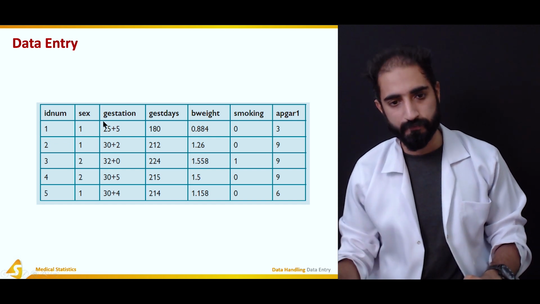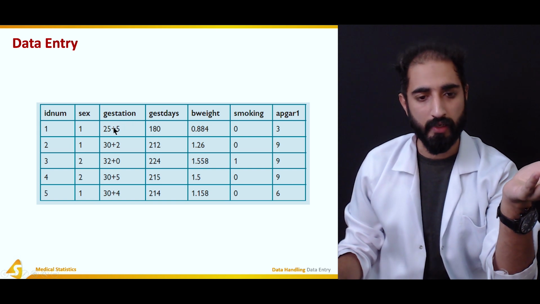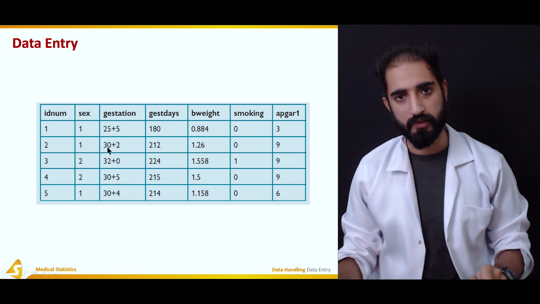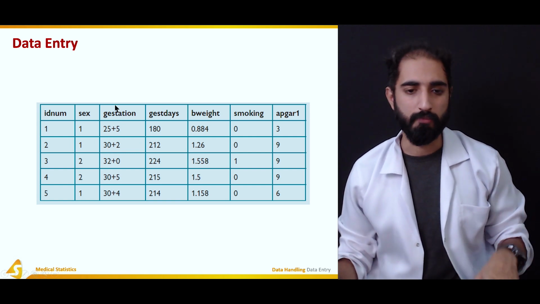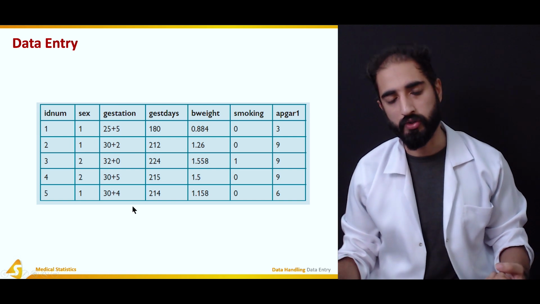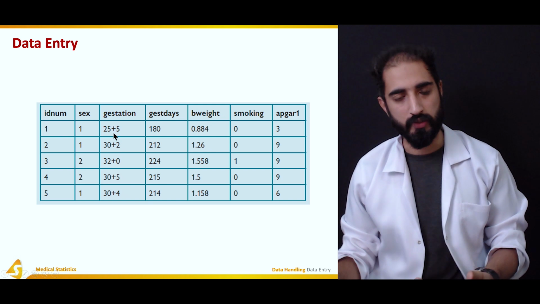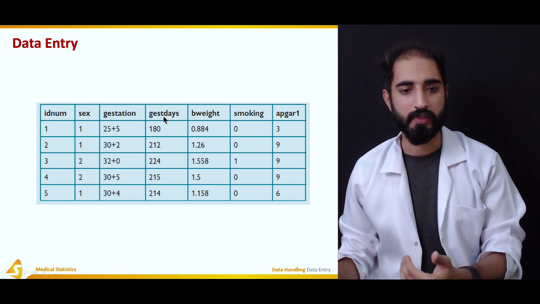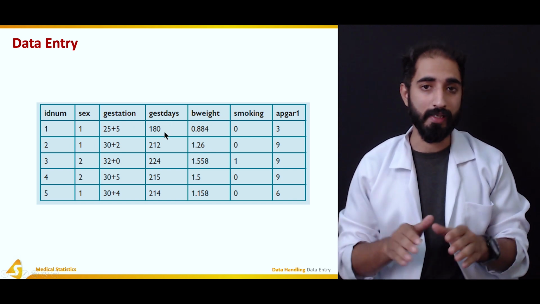Okay, now here, gestation 25 plus 5, values or entries like this do not work in SPSS, because it is just for descriptive purposes, and maybe it is entered in the form of an Excel sheet. So 25 plus 5 means 25 weeks plus 5 days. So this has been converted into gestational days, in which they are not in the form of weeks and days at the same time.